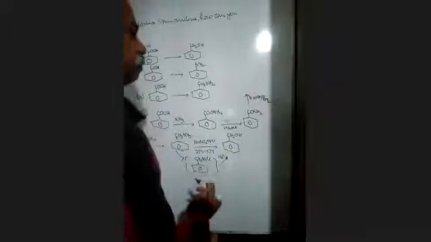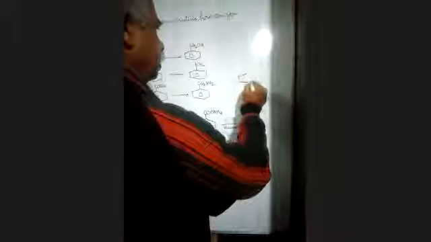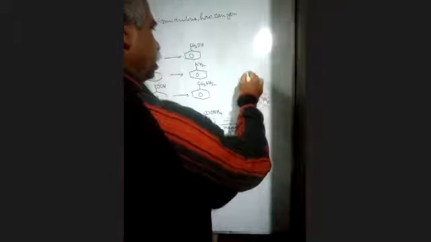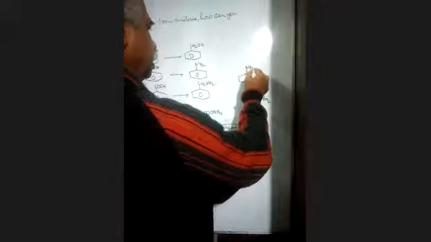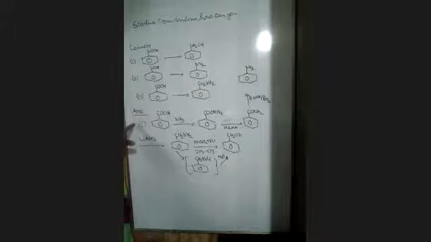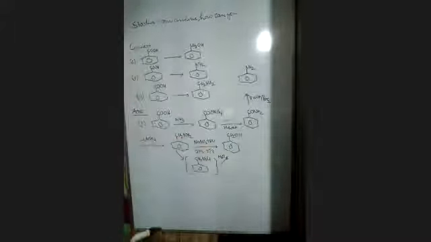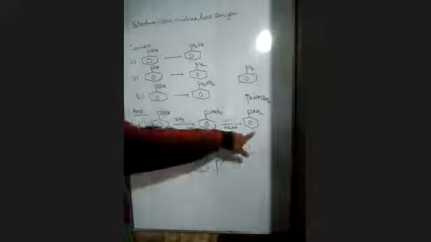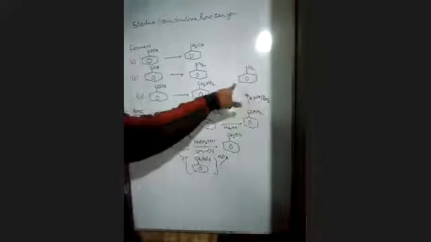It will undergo Hoffmann degradation, and you will get here Na. So from first, from here to here you have to write. For second, you write up to this, then from there you write this, you get second.